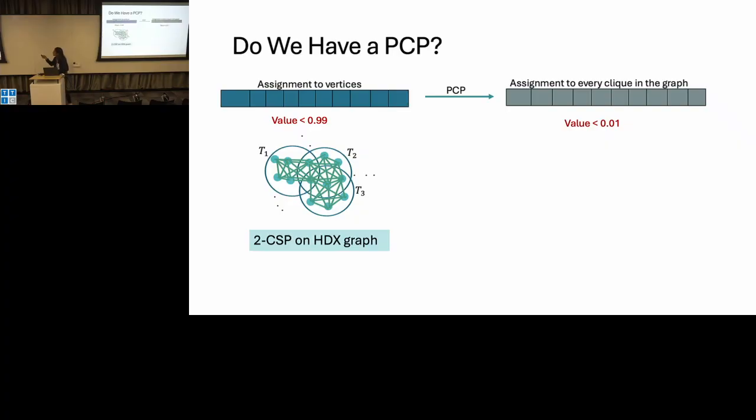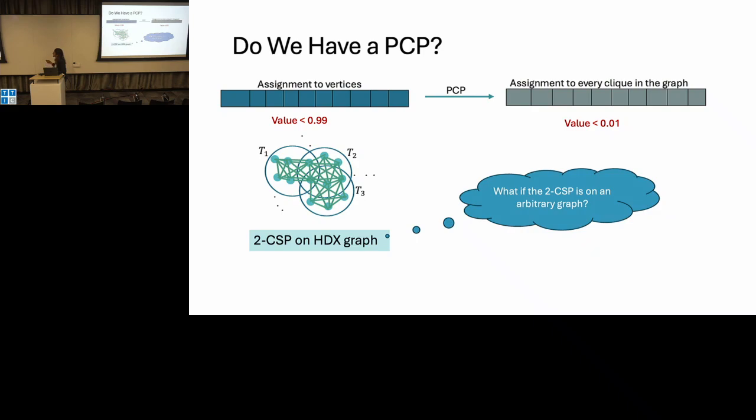Okay, finally, let me mention before I go into the technical part that this does not immediately give us a PCP, because you might have an arbitrary 2 CSP; you're not guaranteed to have a 2 CSP on this very structured graph. Remember, we want to reduce arbitrary 2 CSPs to 2 CSPs with low value. But we managed to reduce arbitrary 2 CSPs to 2 CSPs with this very specific structure using fault tolerant routing, which I will not really talk about today.